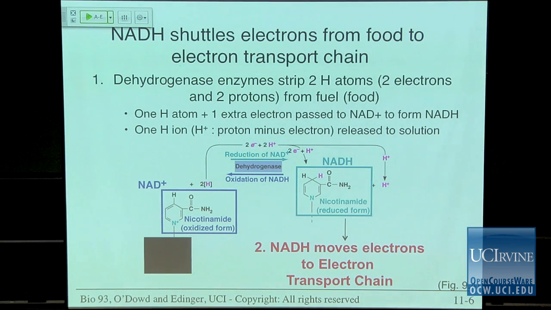It's taken electrons from this fuel and it's going to use them to power the electron transport chain. So NADH is the shuttle molecule. NAD+ is what the two extra electrons and the hydrogen atom are added to. And then we have a free hydrogen ion that is deposited into the cytoplasm.